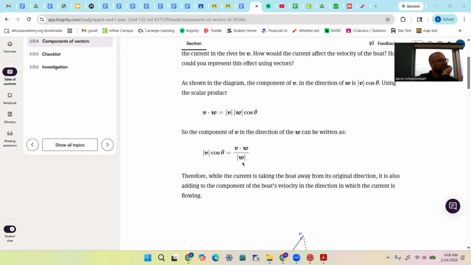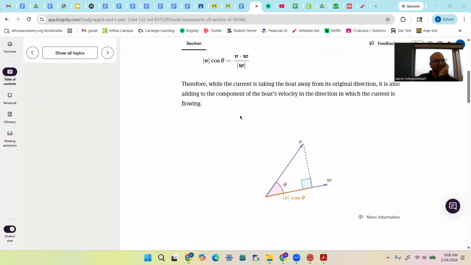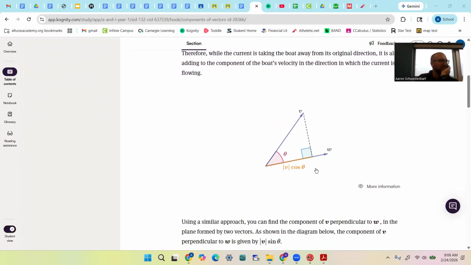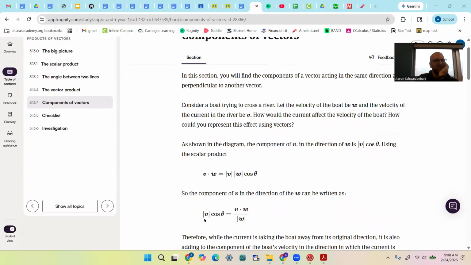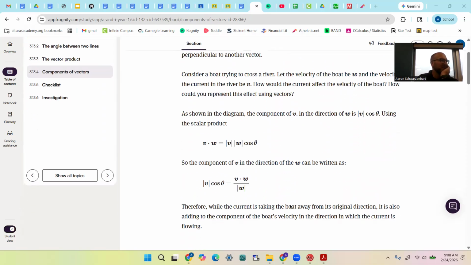So W is the new x-axis. Oh, and that makes more sense. So we're finding essentially how long along the W direction is V. Kind of, yeah. You can do it with trig, but this formula becomes very handy and faster.